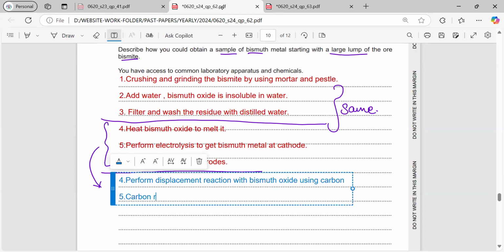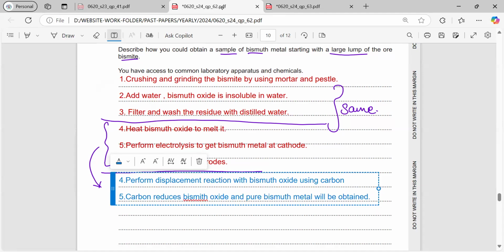Carbon reduces bismuth oxide and pure bismuth metal will be obtained. So that's how we can do another step.